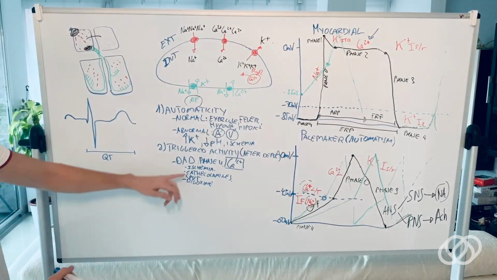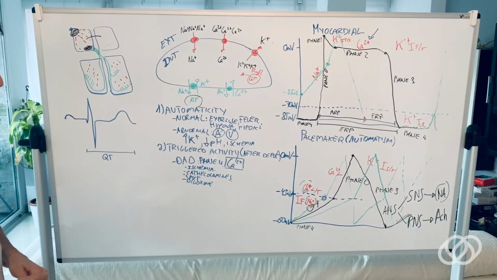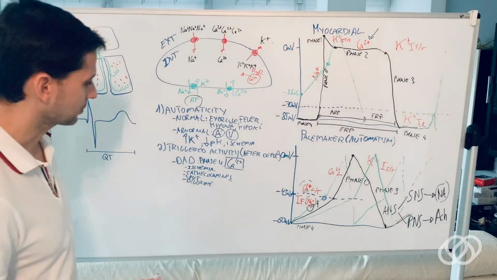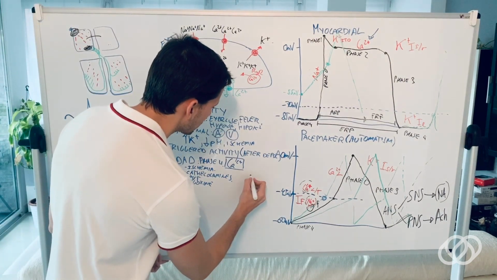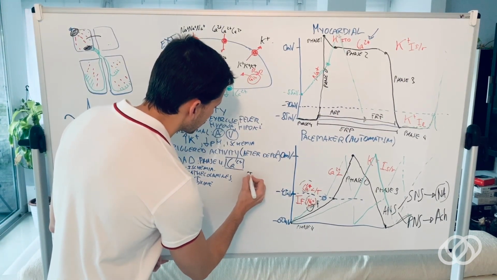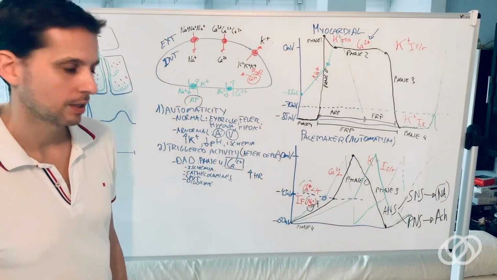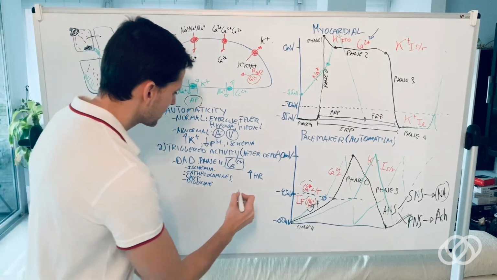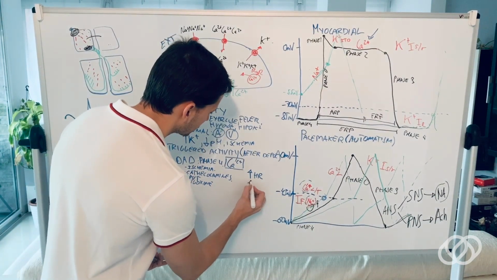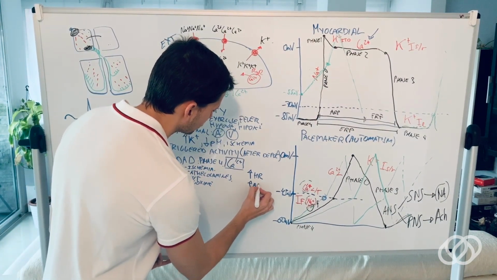So those delayed after depolarizations have some characteristics, and the first one is that they are usually increased with the heart rate. And they also increase with the action potential.